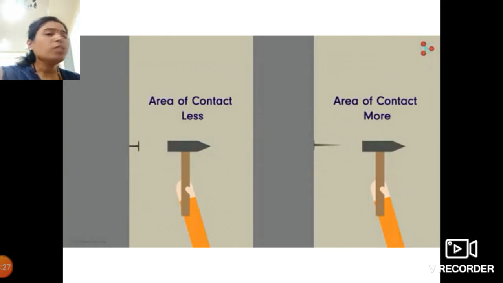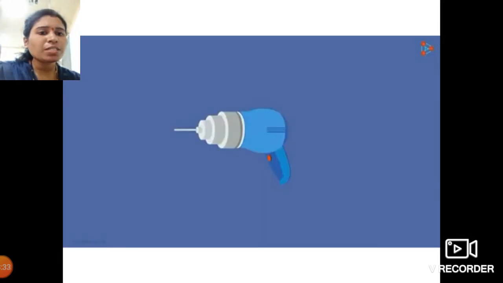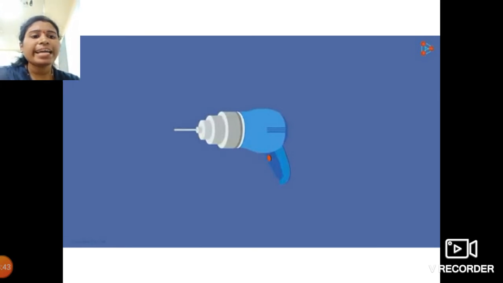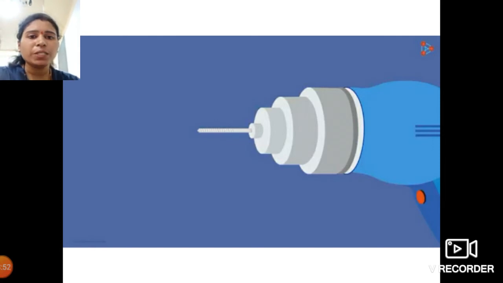You can even use drill machines to make a hole in the wall. But what is the main construction of that drill machine? You see that it has a pointed tip for the same reason.